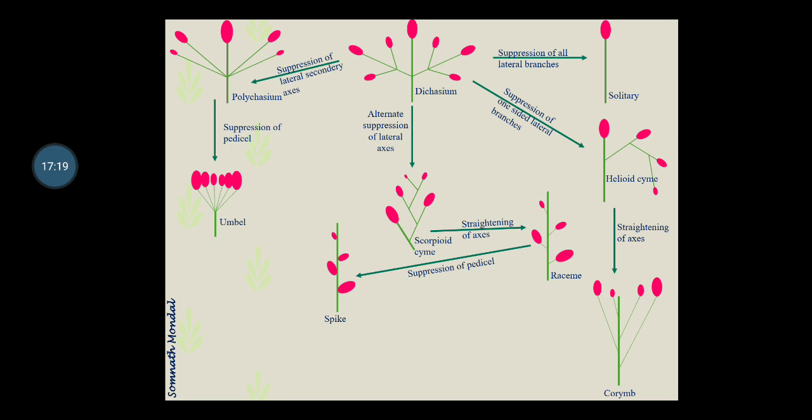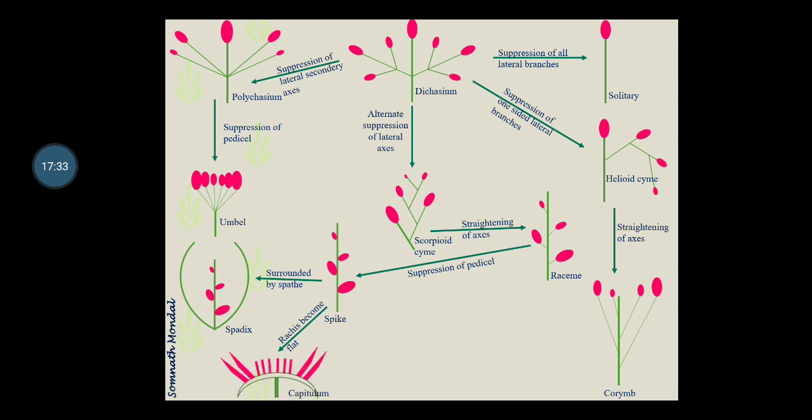Spike is the central point from which, by surrounding the spathe, it will give rise to spadix. By flattening of the rachis, it will give rise to capitulum, or by suppressing the rachis to a central head-like structure on which flowers are arranged centripetally, it will give rise to capitate type of inflorescence. So these are the probable lines of evolution of cymose and racemose types of inflorescences. That's all for today.